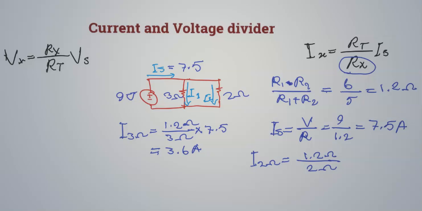We need to multiply by the current source, and it would be 4.5 ampere. And if you notice here, the addition of these two values is equal to 7.5. Yes, that's it for this video. Thank you for watching.